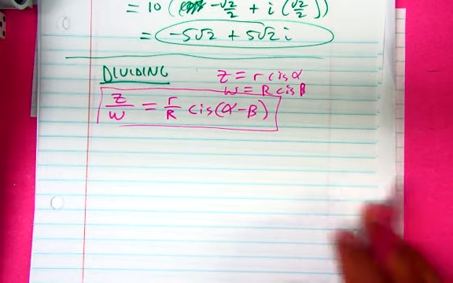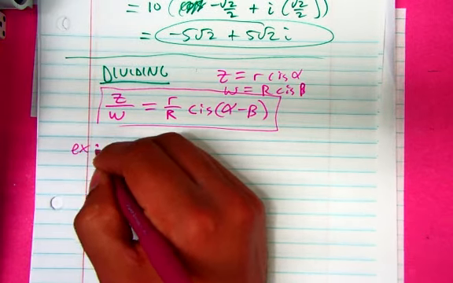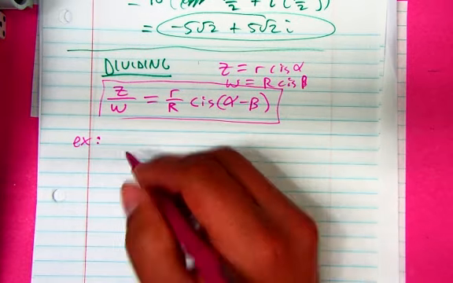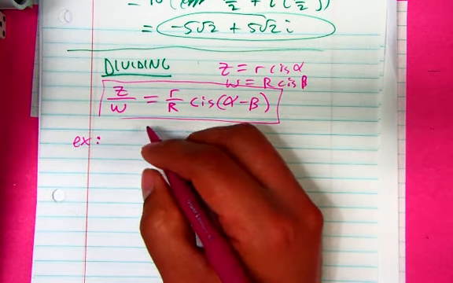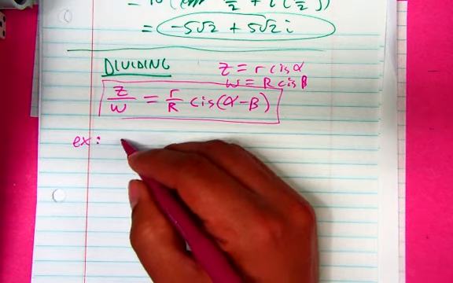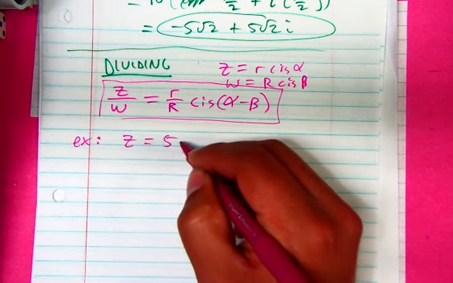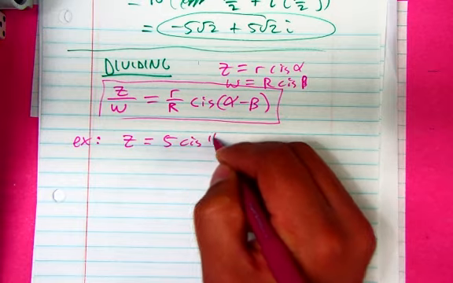We're going to do an example now. Let's go ahead and do the one we just did, but divide. Z equals 5 CIS pi over 2.